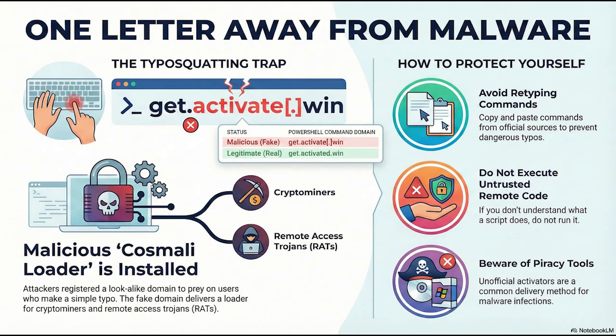So, because of one missing letter, these users weren't just mining crypto on the side. Oh, no. The attackers had full, persistent control over the infected machine. So user data, banking details, everything that machine touches is now potentially compromised. That's the real danger here. You invite a Trojan that offers maximum control over your machine, all because a domain name was missing a single D.